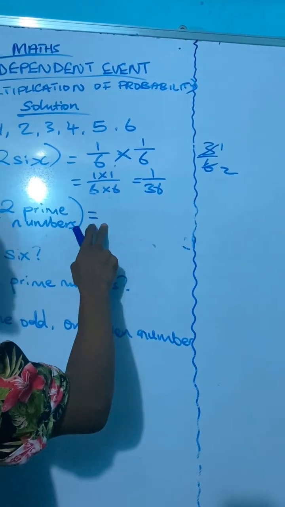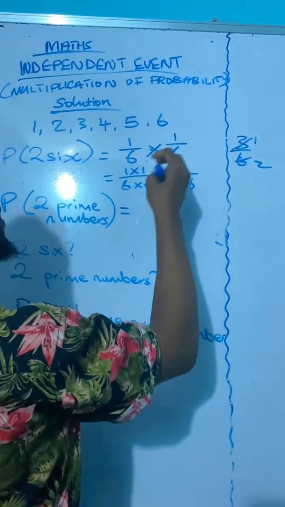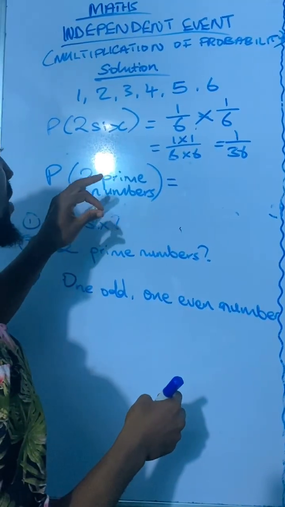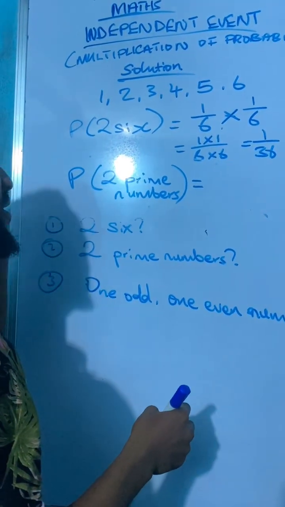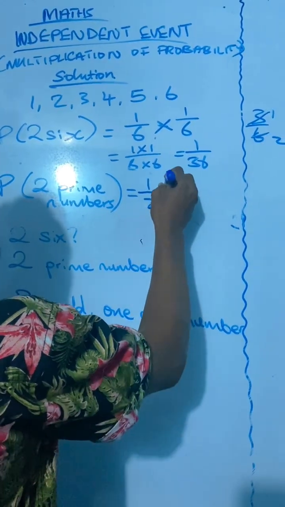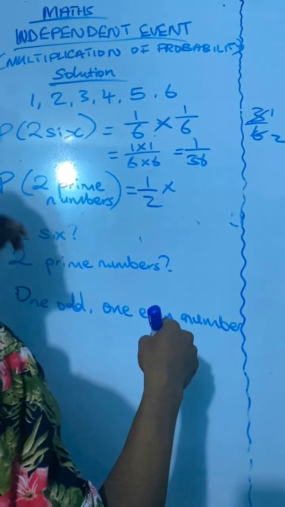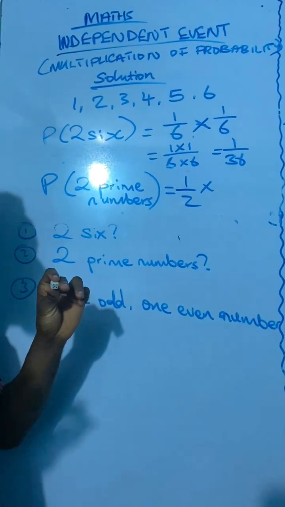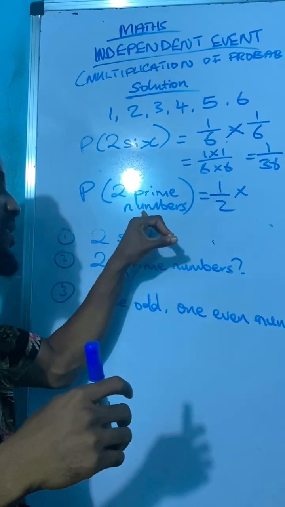Now let's bring it back to this place. So that means probability of getting a prime number on the first die is 1 over 2, multiplied by the probability of getting a prime number on the second die. If I get 2 and 3, it has met this condition.